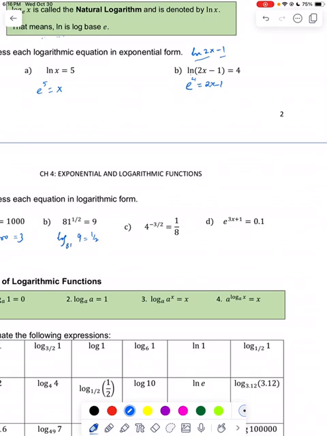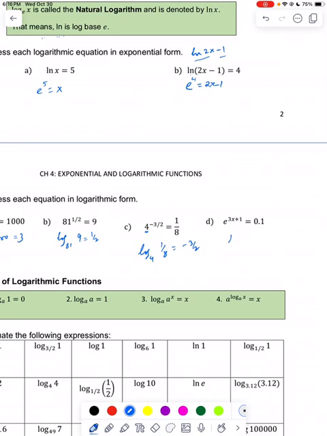Okay, I hope you guys were able to write that. So what is the base here? 4. So how will you write? Log base 4 of 1 over 8 equals -3. D part, what is the base? e. So it will be log base e.